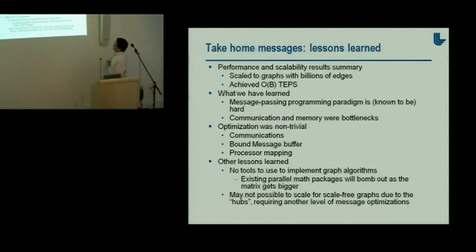The take-home message, the lessons we learned, is that message passing programming is not that easy, and making it scalable was even harder. As I just mentioned, I don't think it will be useful for other graph algorithms because there are no tools or graph math packages that will scale. They will bomb out. We tried many different packages, but nothing was successful.